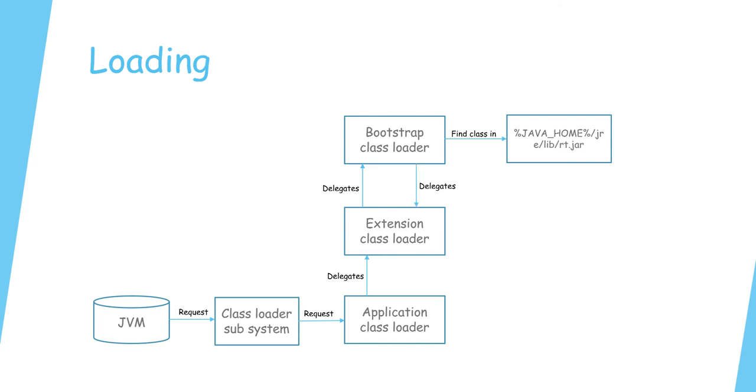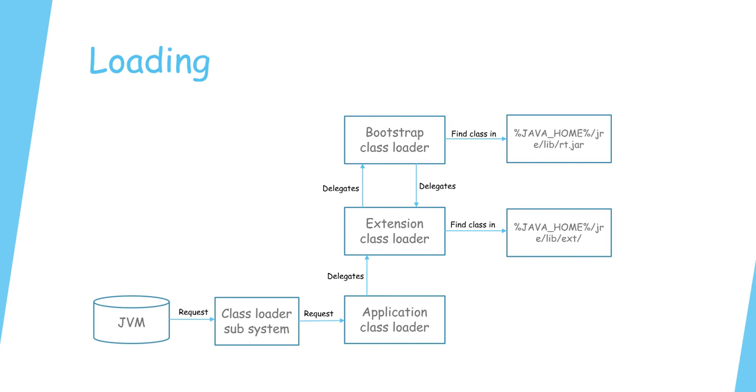Now the extension class loader will search the class in the extension class path. The extension class loader is responsible for loading the classes from the extension jars present under Java Home, JRE, lib and extension folder. If the class is found in the extension class path, then it will get loaded.